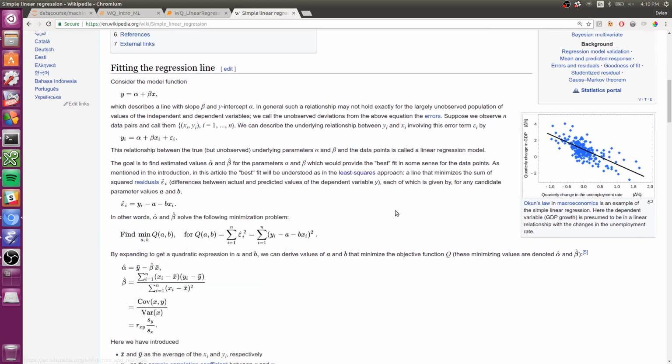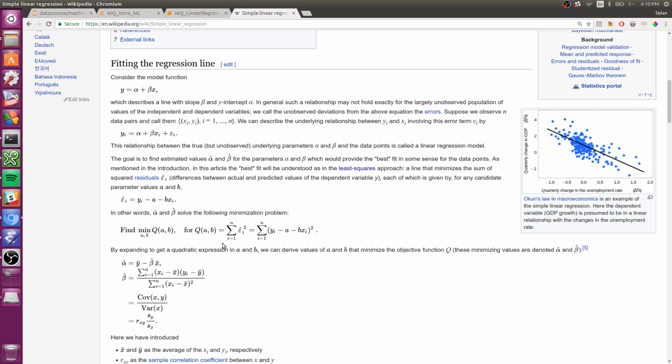So here it says we want to solve the minimization problem, minimum of Q, that's what they're calling the mean squared error, which is y minus a minus b times x_i quantity squared. That's what we have in our notebook.